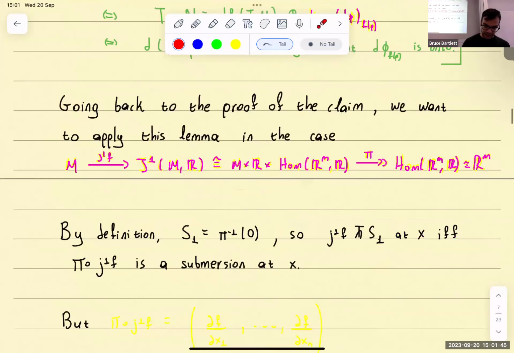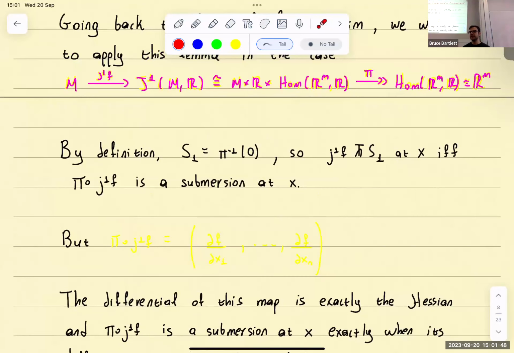And now I need to make these things appear. Okay, so here, remember in the nested lemma, I had pi inverse of 0 appear. So pi inverse of 0 is just S1 for us. This is just the subspace of J1 where this derivative here is 0.